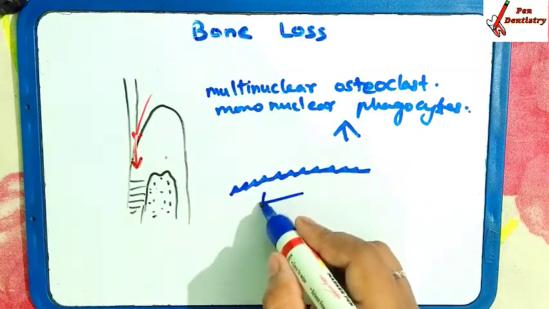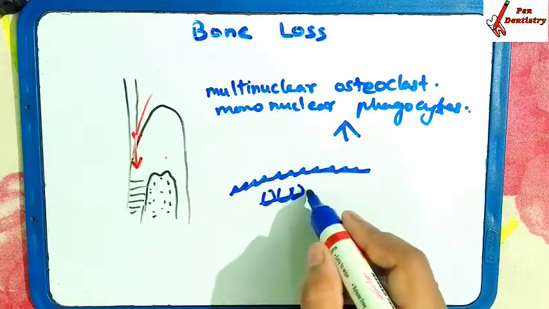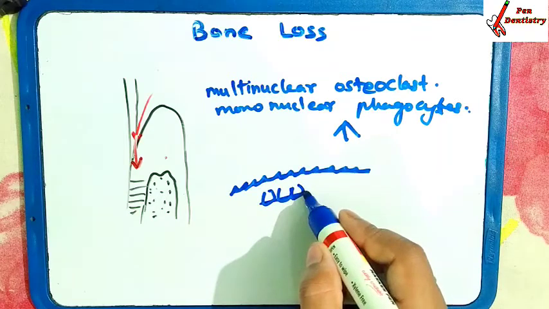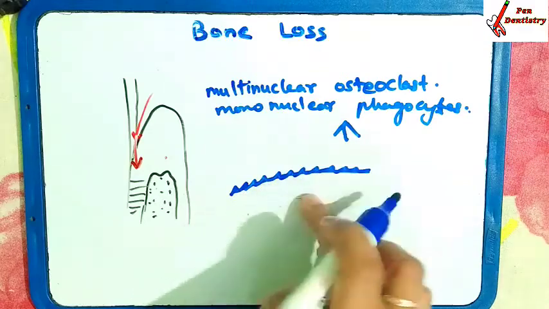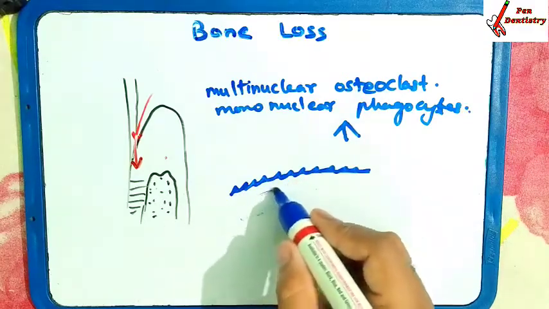In the bone marrow spaces, the resorption proceeds within, causing thinning of the surrounding bone trabeculae.